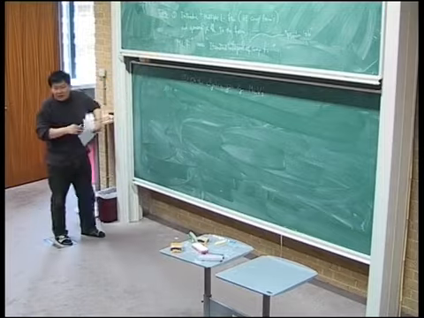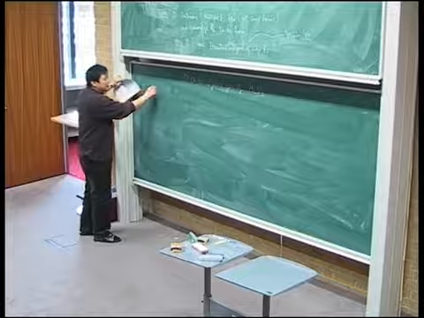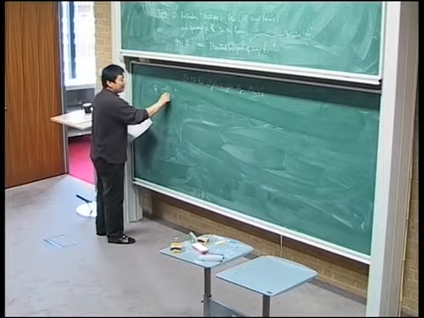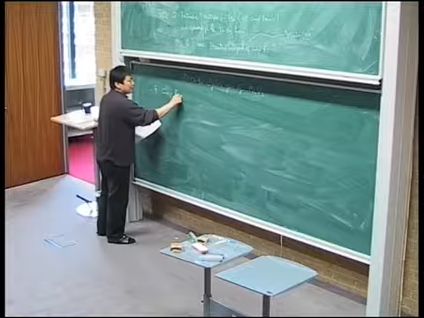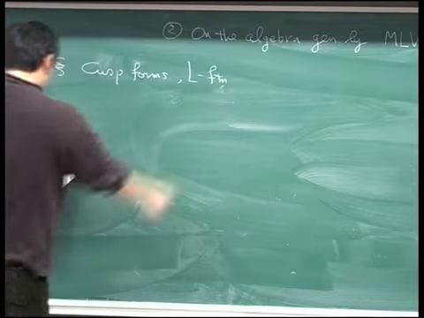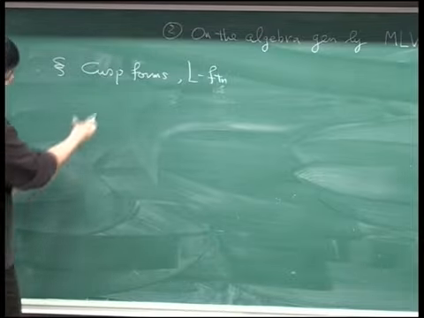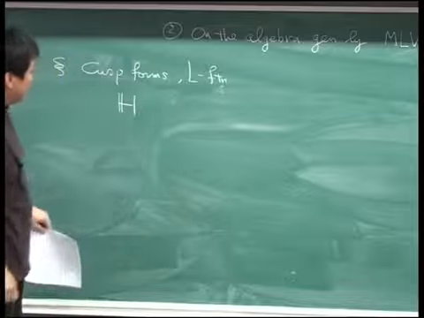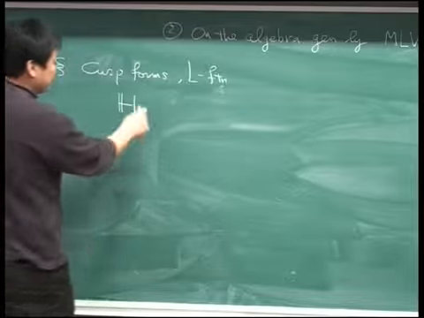Okay, so here is the outline of this talk. I will start from the basic notion of cusp forms and L functions. The cusp form I mean today is a traditional one. This is a holomorphic function on the complex upper half plane.